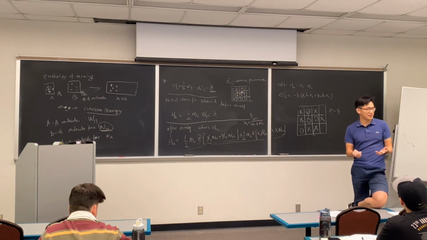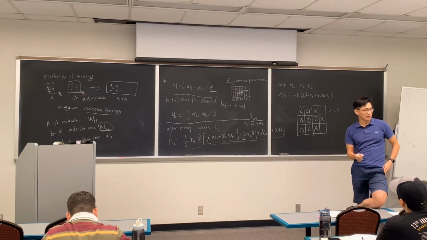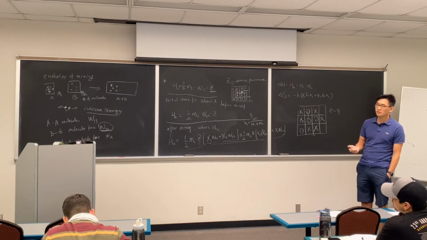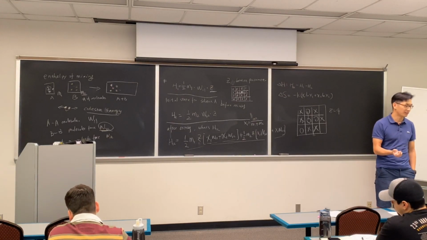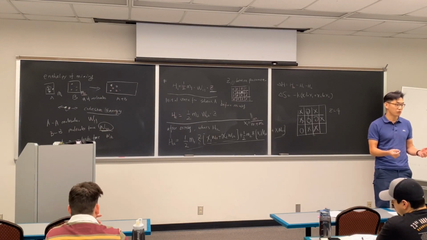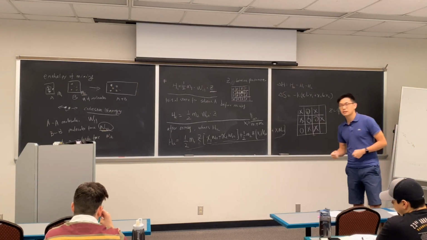Now we need to count all the interactions, which will give you that. So if I need to boil a bottle of water, it depends on how much volume you have. If it's a bigger volume, it costs more energy to boil because the number of molecules is more, so there is a greater number of interactions.